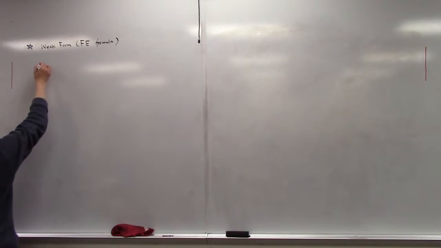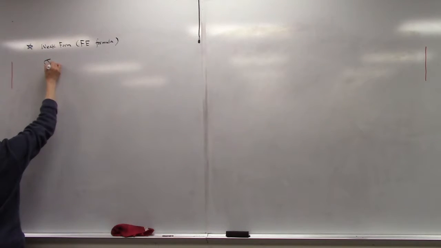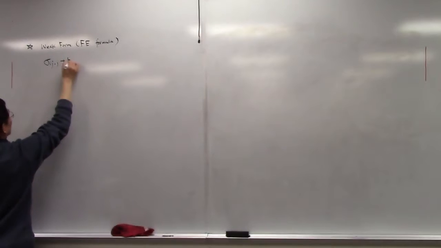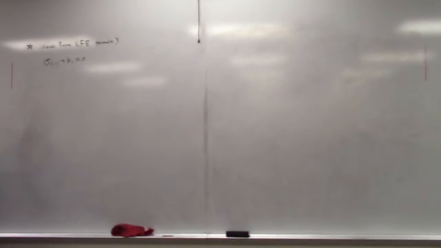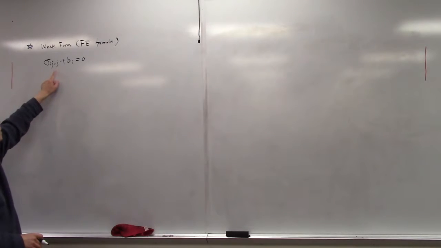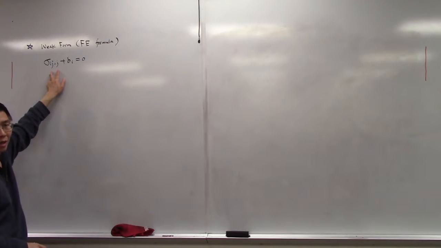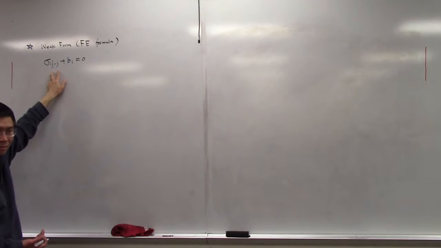We start with the equilibrium, sigma ij comma j plus bi equals 0. And again, let me emphasize that these j are dummy indexes because j appears twice. It means summation.